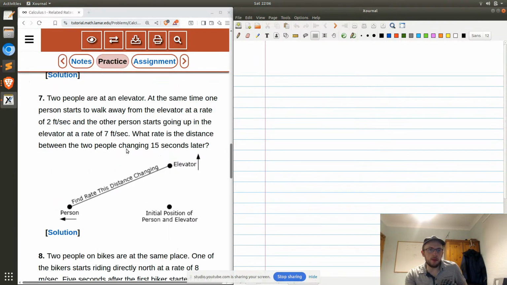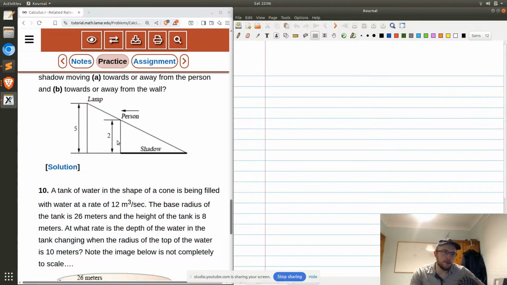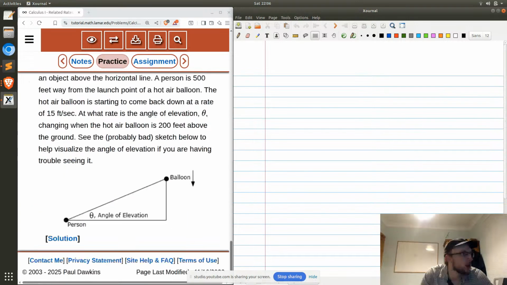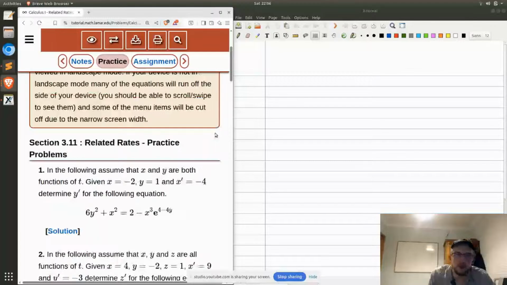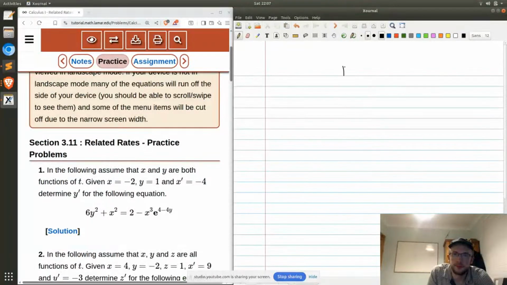Okay, so now these wordy word problems, which I find difficult because I'm more inclined towards just computation.